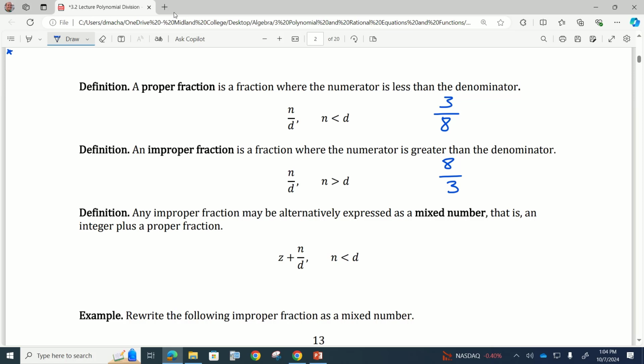And anytime you have an improper fraction, you can always choose to represent that as a mixed number. And a mixed number is an integer plus a proper fraction. Like 8/3 could be 2 plus 2/3. That's an integer plus a proper fraction.